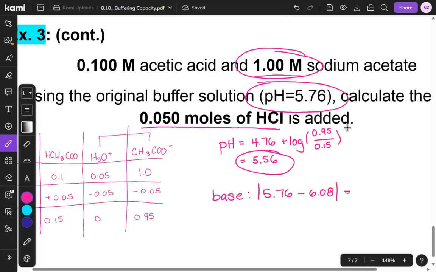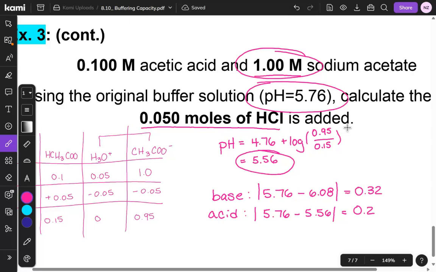So when I do that, I get 0.32. When I added an acid, it only changed by 0.2.